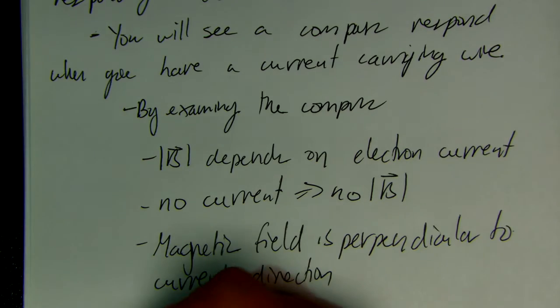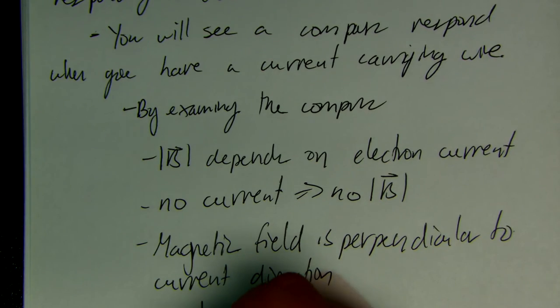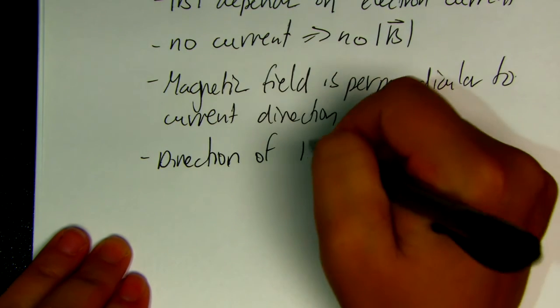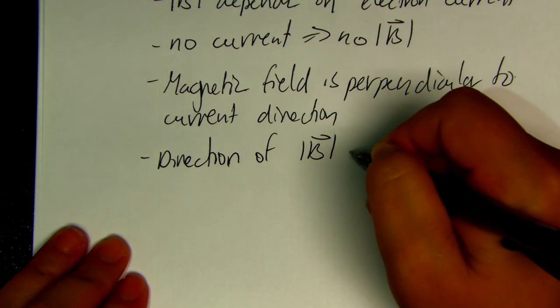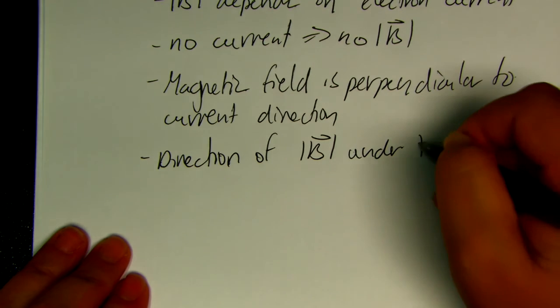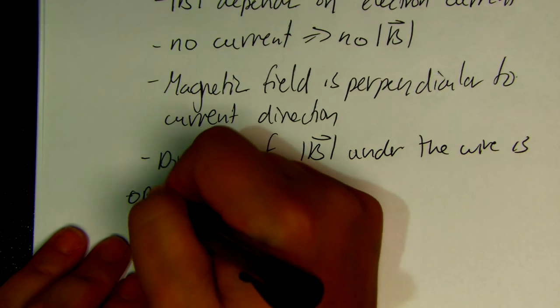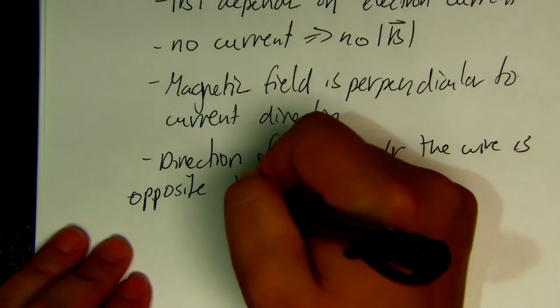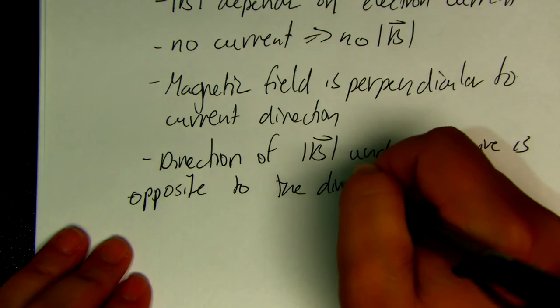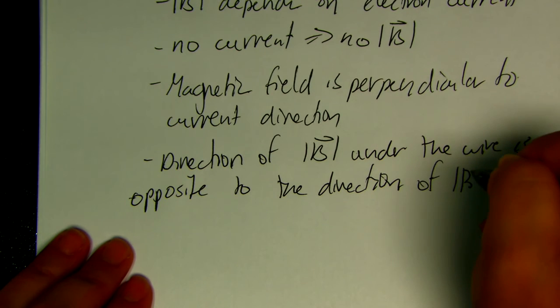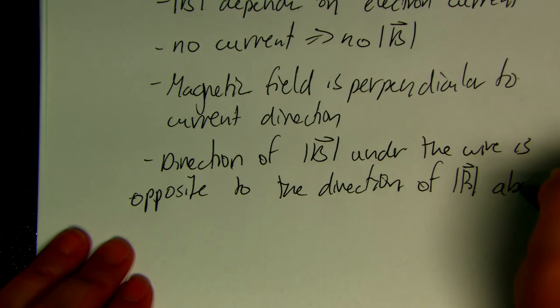All right, and also the direction of B under the wire is opposite to the direction of B above the wire.